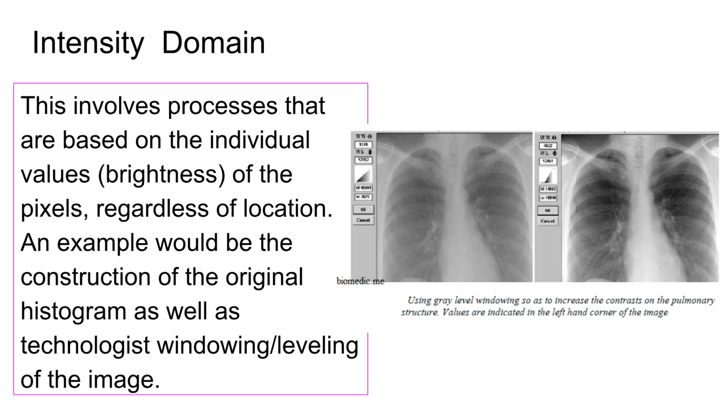Second domain is kind of like another way that the computer can process an image. Another way that it will analyze the image would be what's known as the intensity domain. So this is not intensity of radiation, which is what we talk about a lot in this class. This is probably what you have in mind before you started X-ray.